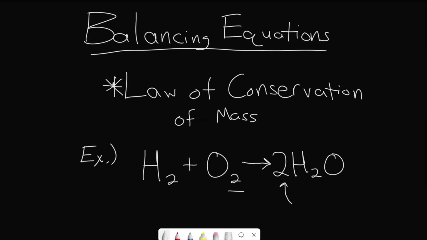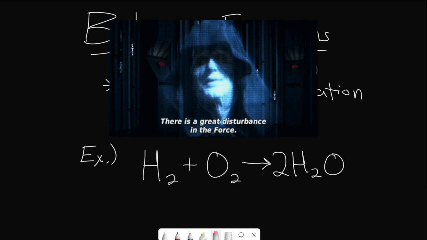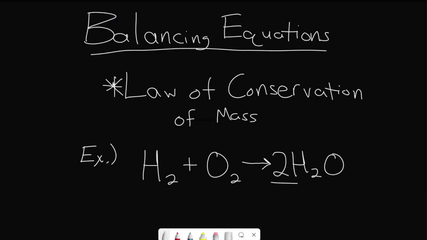So now that we've balanced the oxygen, you may have noticed that we've disturbed the balance of the hydrogens because now we put a 2 in front of the H2O and there's only one H2 here. So naturally, doing the same process as we did, we're just simply going to add a 2 in front of the H2.